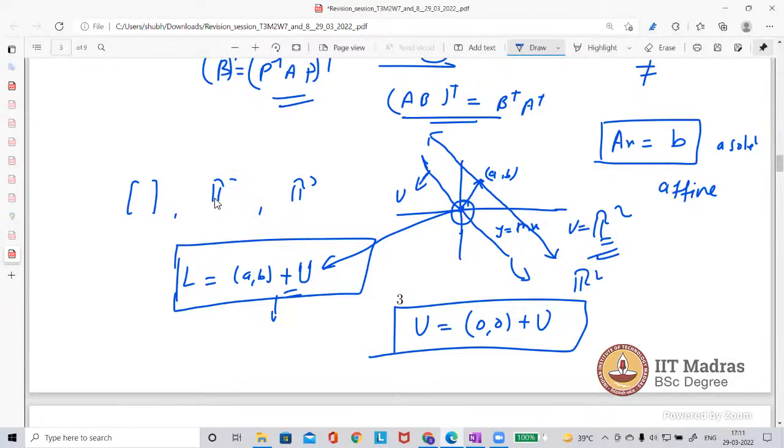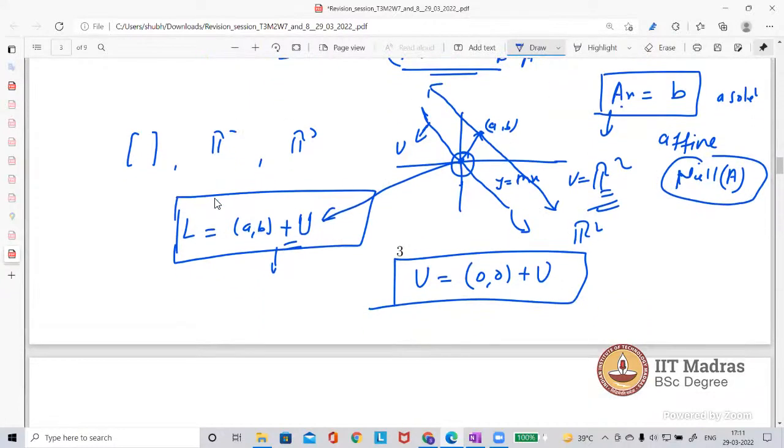And the corresponding subspace will be the null space of this matrix. You know the null space of a matrix, along with rank, row space and column space, as you have gone through in week 6 or so. So the solution of the system gives an affine subspace, and the corresponding subspace of that affine subspace is the null space of this matrix A.